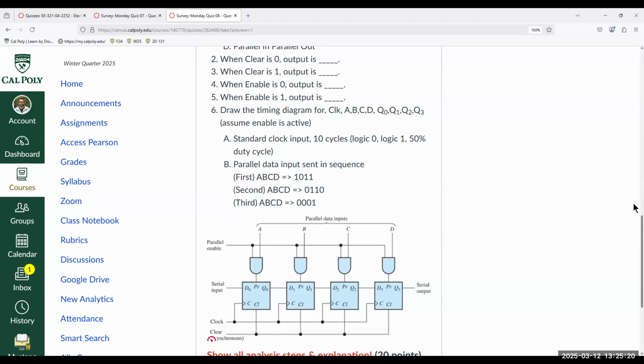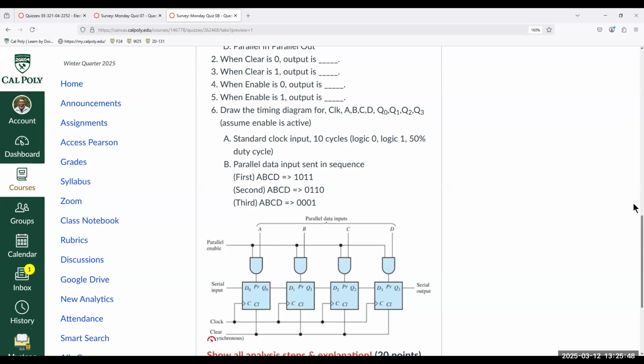Clear means clears out all the data. Output is set to 0. Preset going to 1 means output is equal to 1. So if enable is 0, output is same, output does not change, output is previous state. Again, any one of those or any combination that conveys that is the correct answer.